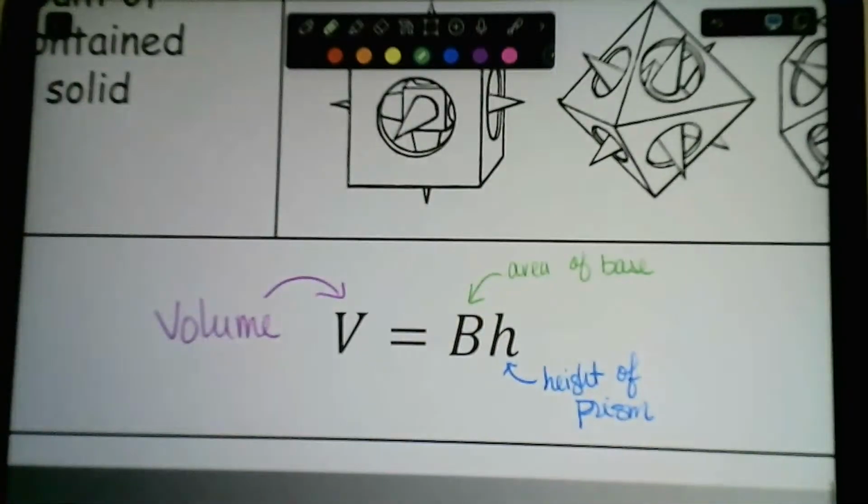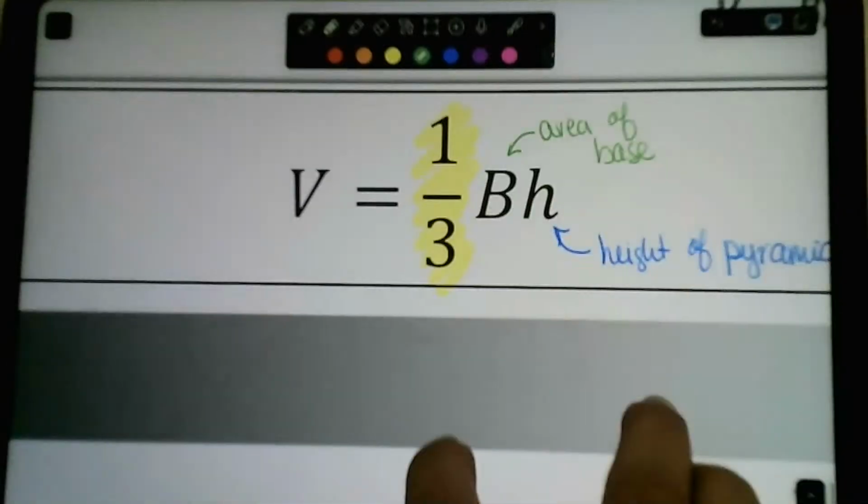And if you look at the formula for volume of a prism, that's essentially what that is: the area of the base times however tall the shape is. Now you're at the point where the formula you use for the area of the base depends on the shape of your base.